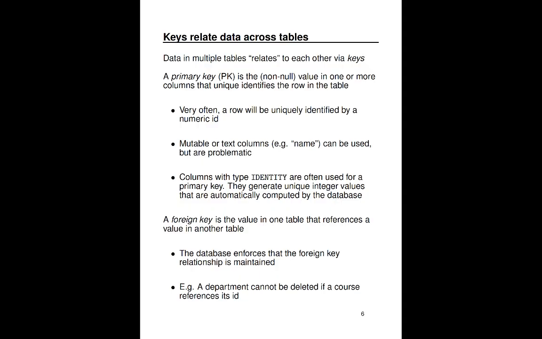Similarly, it won't allow you to delete a row whose primary key is used as a foreign key in a different table. And as I hope you can see, this keeps the data consistent. So for instance, the database would enforce that you can't delete a department as long as it has at least one course that references its ID.